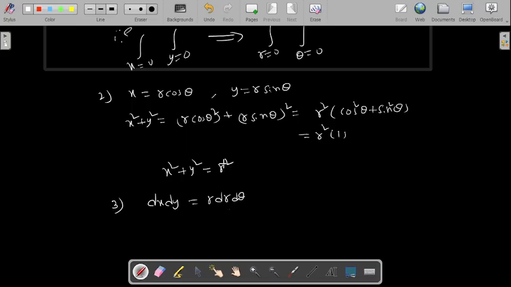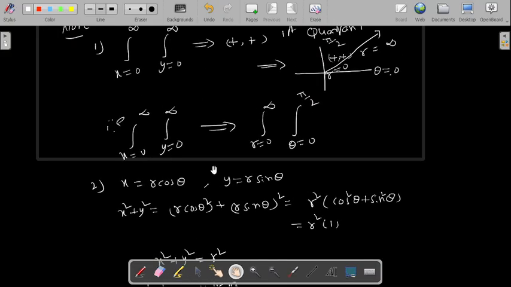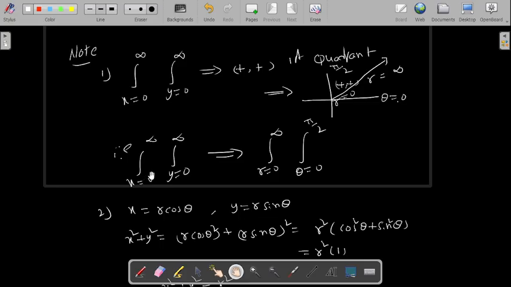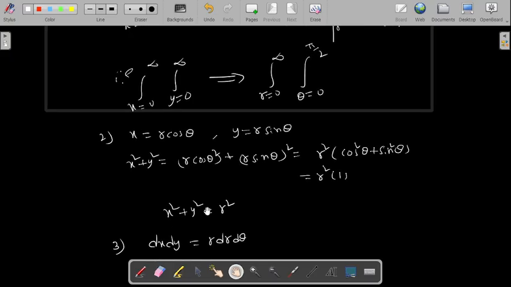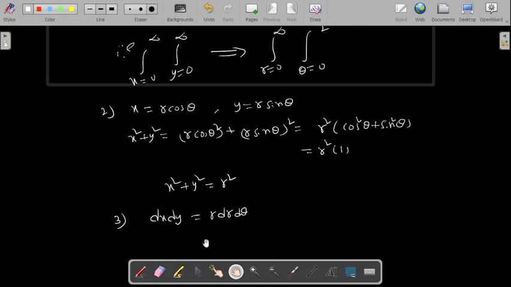So whenever you convert a given function into polar coordinates, dx dy will be r into dr d theta. From these three note points: first, 0 to infinity, 0 to infinity means first quadrant, theta value 0 to pi by 2, r value 0 to infinity. Second, x equal to r cos theta, y equal to r sin theta, then x square plus y square equals r square.